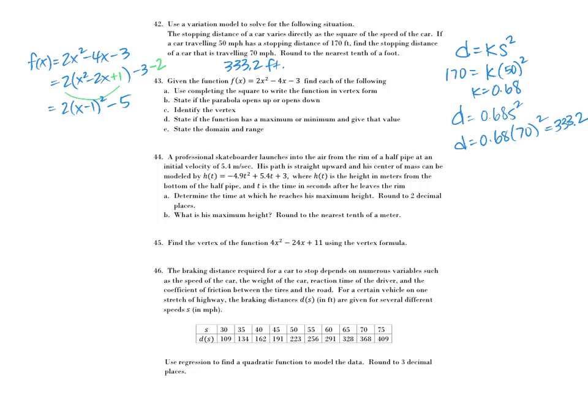State if the parabola opens up or down. So I notice that the first thing here is positive, so it opens up. Identify the vertex. This is my h, k. So my vertex is at 1 comma negative 5.